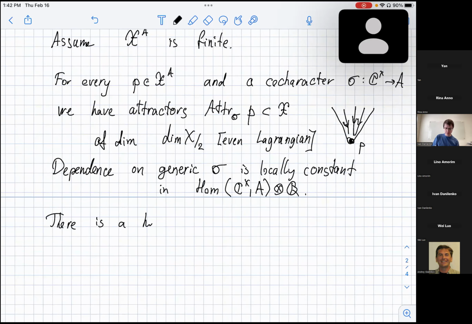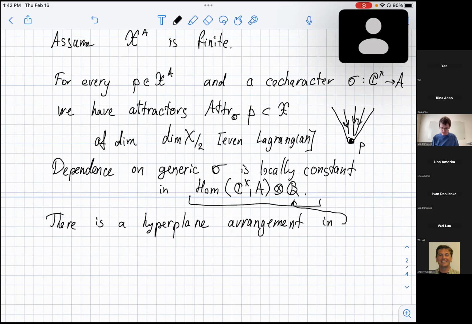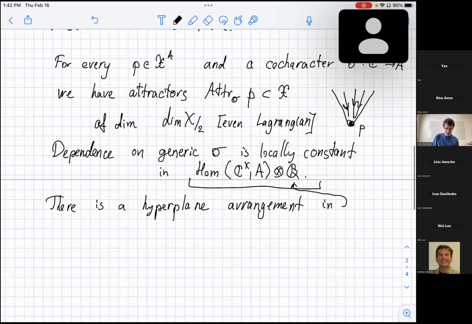In this space there is a hyperplane arrangement, and in every chamber, attractors stay the same.